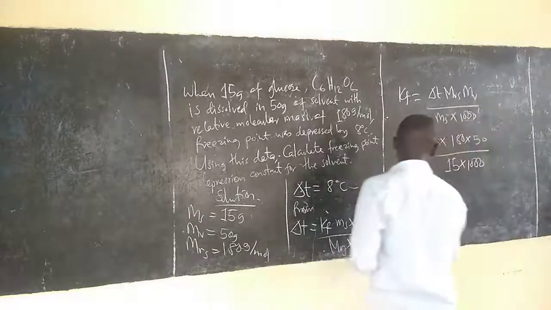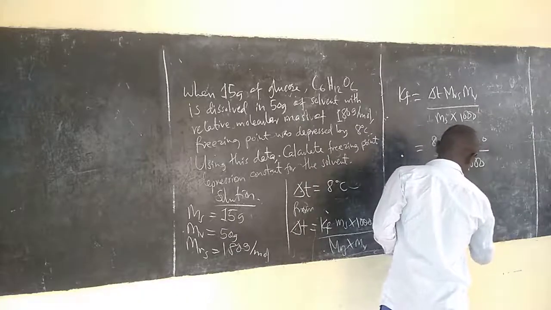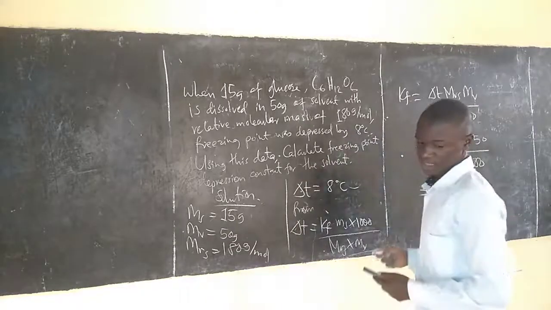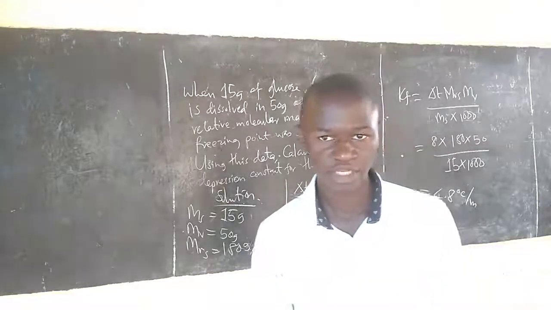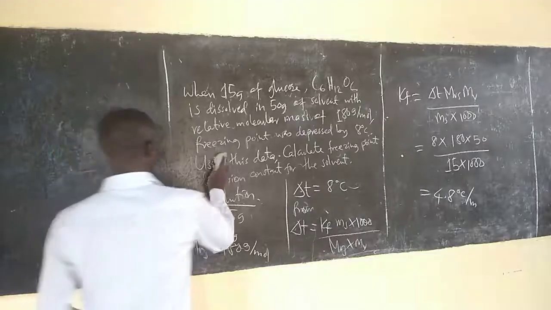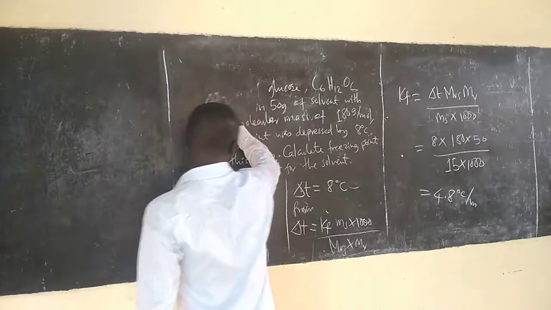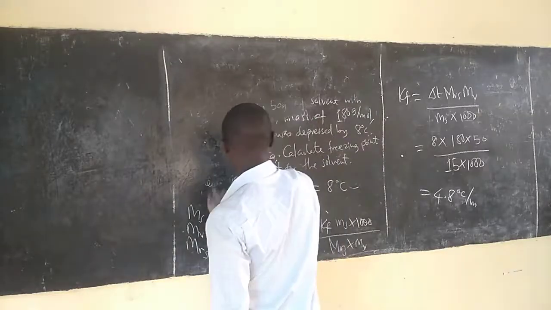So we get 4.8 degrees Celsius per molal. That is the cryoscopic constant in our case, for the question that I wrote. In our case, the cryoscopic constant is that.